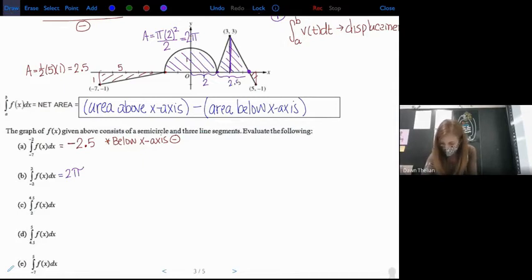So it would be the distance down the center here of 3. So this is 1/2 base times height. So half of 3 is 1.5 times 2.5.